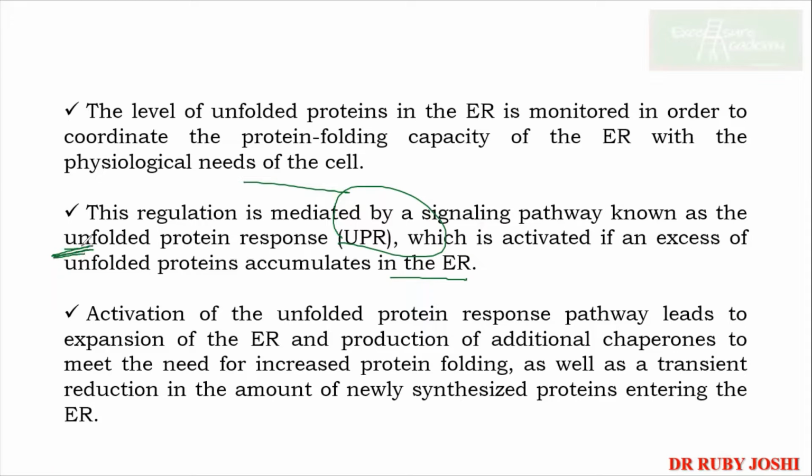The chaperones have not converted them into folded or functional proteins. So either you will need more protection from the chaperones to help it, or you need to remove the unfolded proteins, that is, stop the synthesis of the new proteins entering.